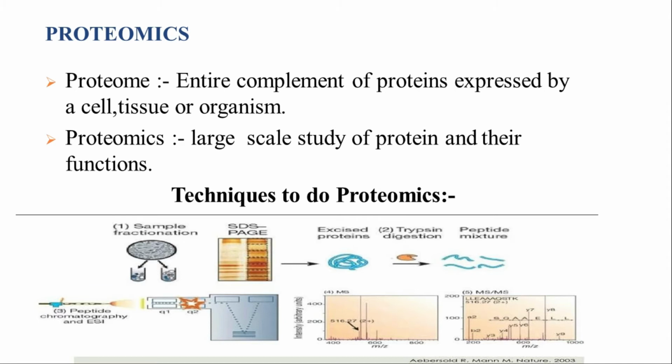After that we get mass spectra, like m/z ratios or molecular fragments, and we try to understand their structure. This is an advanced technique called proteomics, and enzyme technology is also involved.